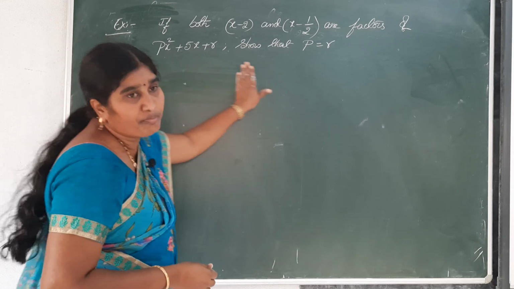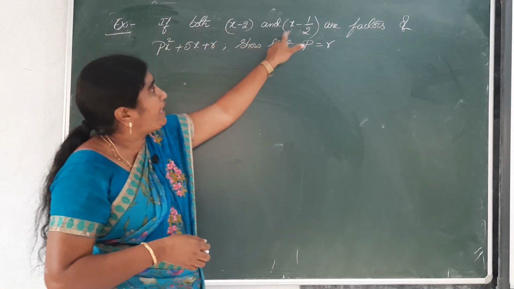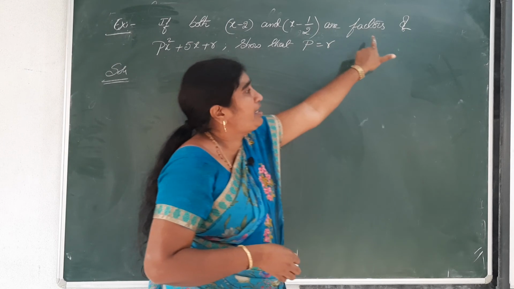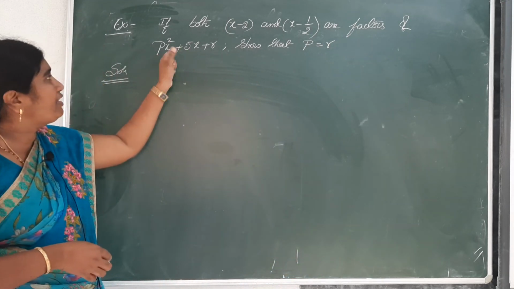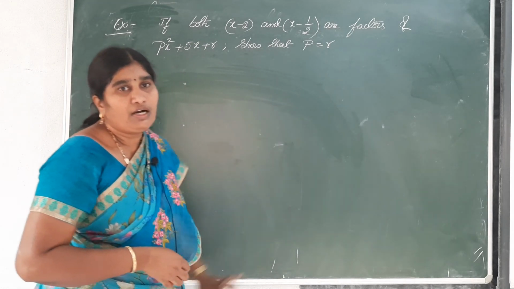This is also one of the important sums. If both x minus 2 and x minus 1 by 2 are the factors of px square plus 5x plus r, show that p equal to r.